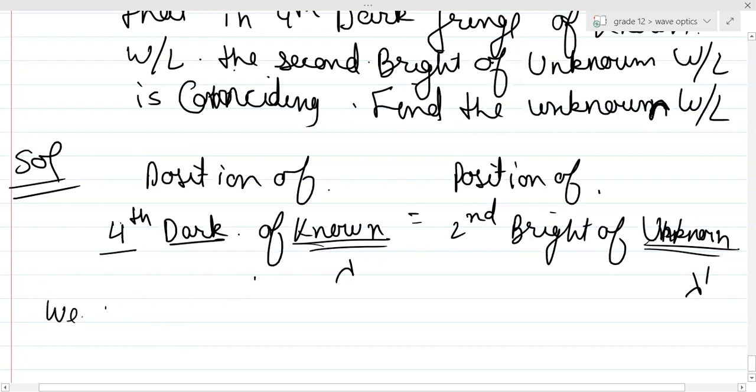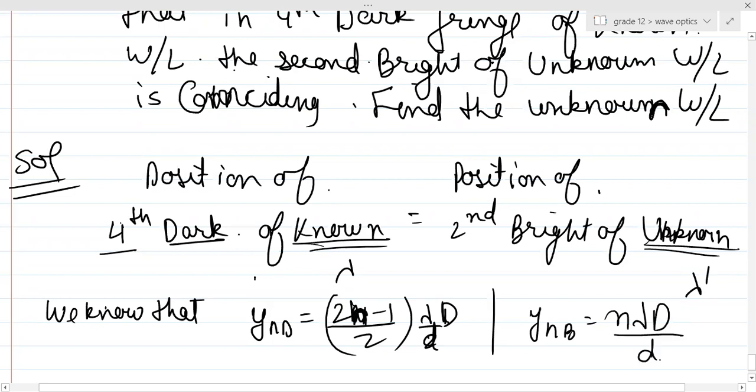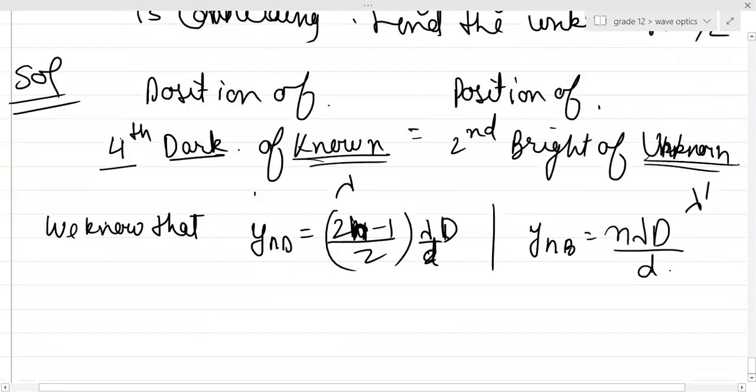For nth dark, y equals (2n minus 1) by 2 into lambda D by d, and for nth bright it is n lambda D by d.